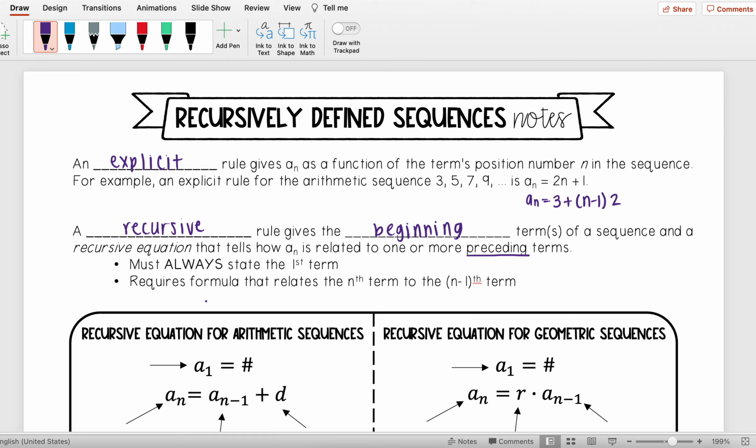We're always going to state the first term, so there's always going to be two parts to this recursive rule. The first thing that we state is what our first term is, so a1 equals, and then it also requires a formula that relates the nth term to the n minus 1th term. So this formula is relating how the next term is related to the previous term.